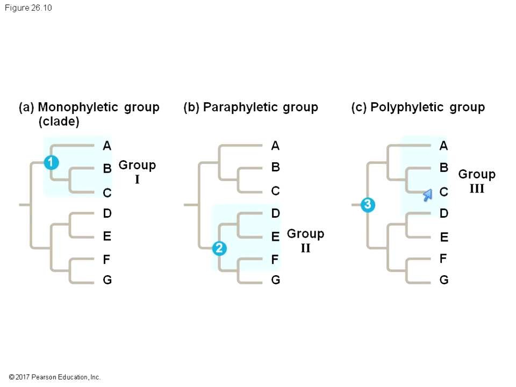So A, B, C, and D all arise from different points. There's one here. And you're not including a common ancestor. So polyphyletic is definitely not considered to be a clade.